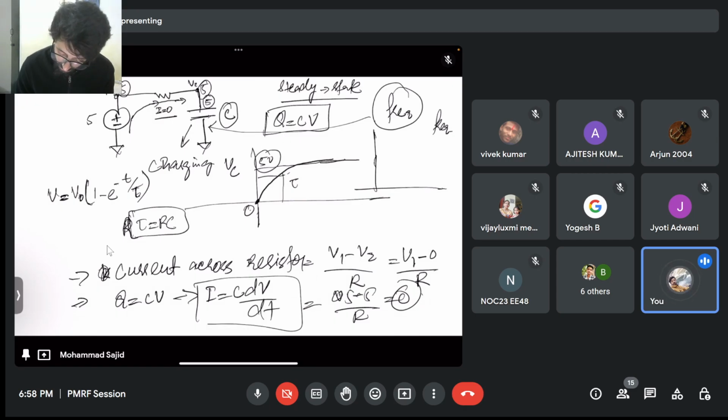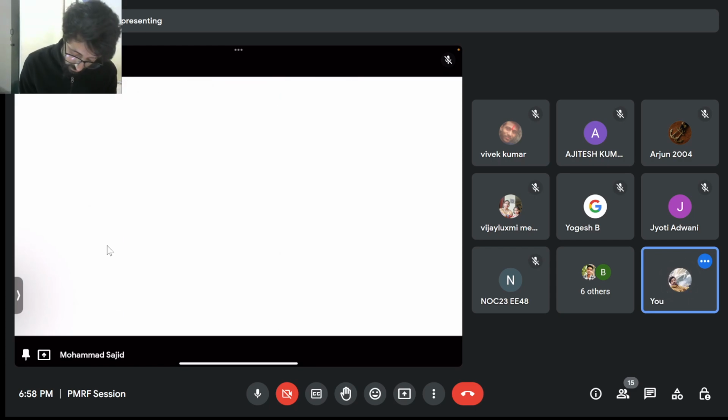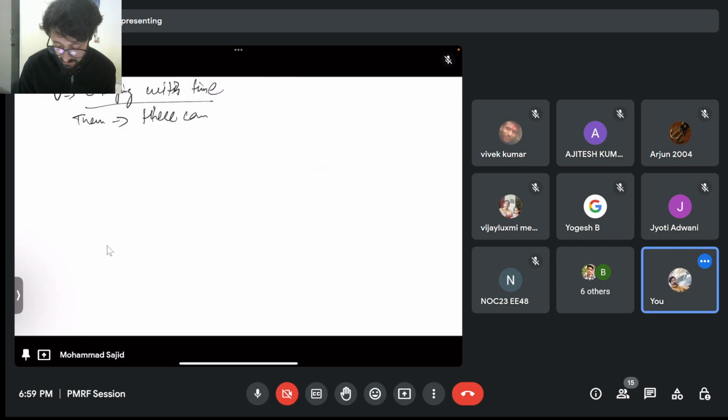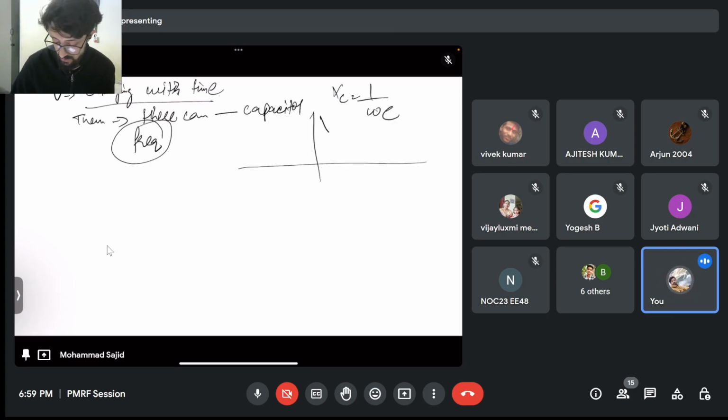If you have a voltage that is changing with time, then you can say there can be a current across the capacitor, which ultimately depends on frequency, as I said, omega C. So it will behave in this way.